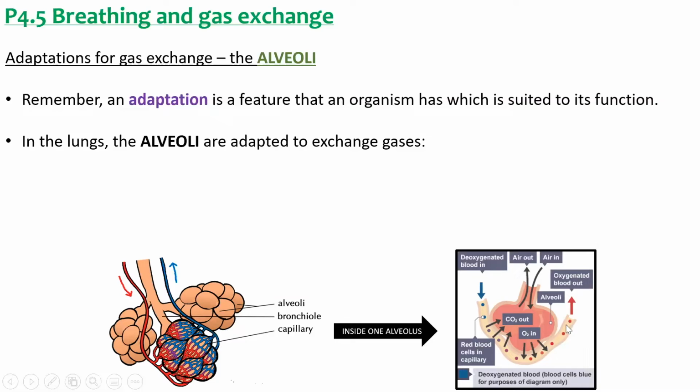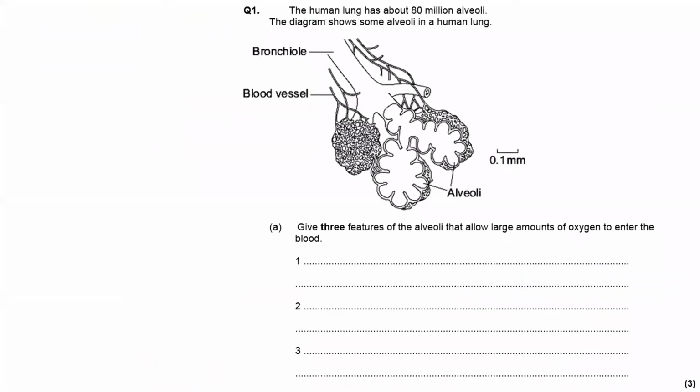That's part of the circulatory system, so we can see the respiratory system working very closely with the circulatory system here. Again, this video is to remind you if you've forgotten about the circulatory system. These are very common questions you get.